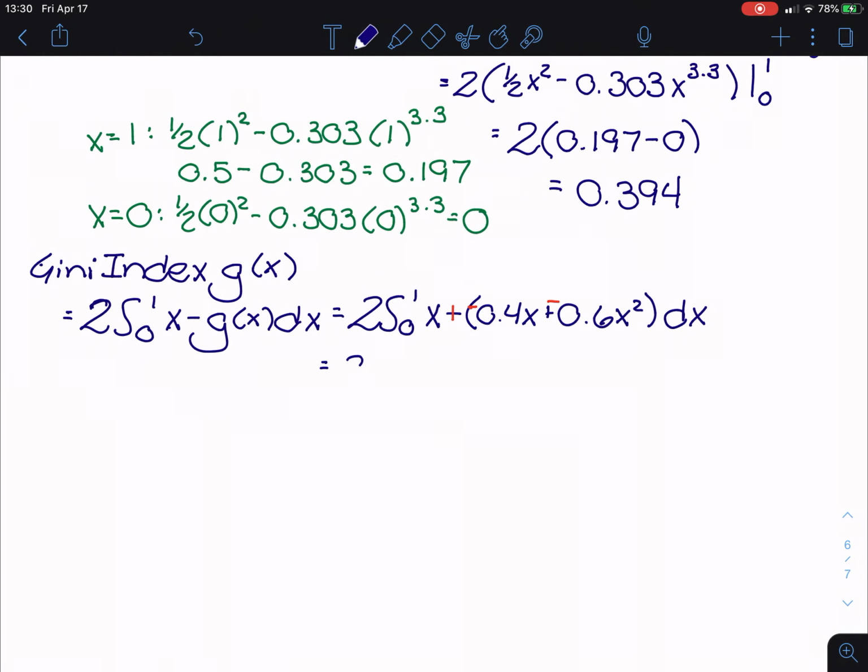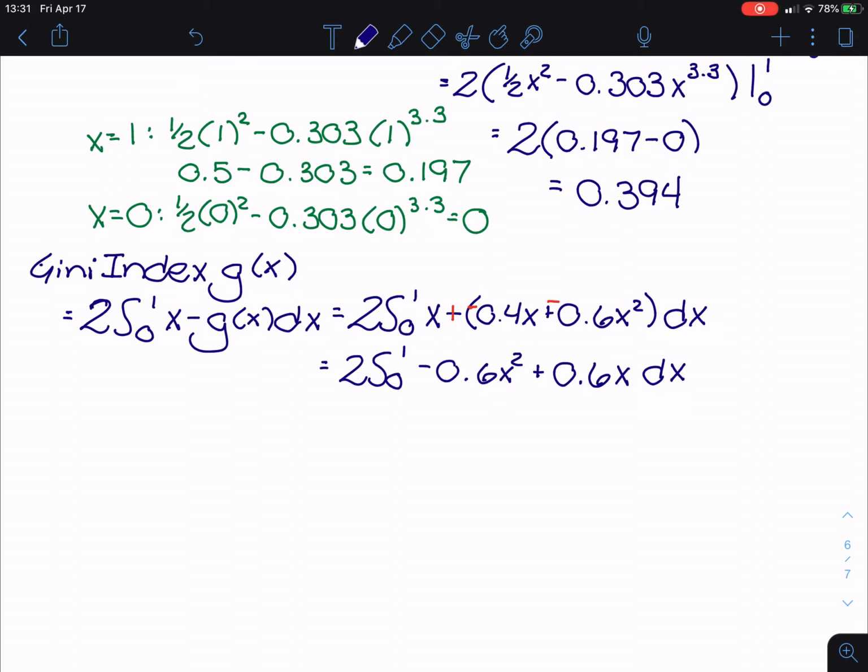So this becomes 2 times the integral from 0 to 1 of negative 0.6x squared plus 0.6x, because when I take x minus 0.4x, that's where I get the 0.6x. Then dx.